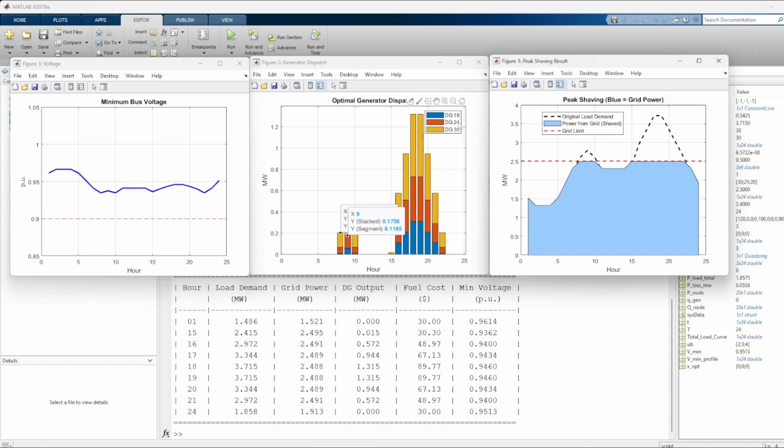Right now in this code, the 3 diesel generators, located at 18, 24 and 30, are fixed at these locations. There is no optimal location for these diesel generators. These are fixed, but we may consider another MATLAB program where we can find the optimal location of these diesel generators. But right now these are fixed.